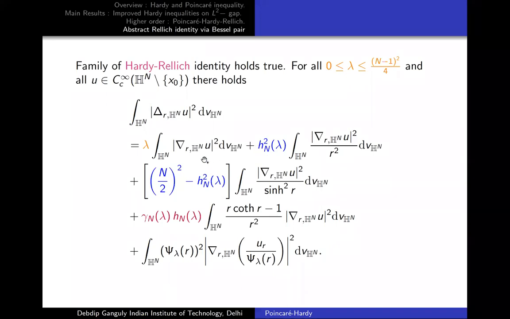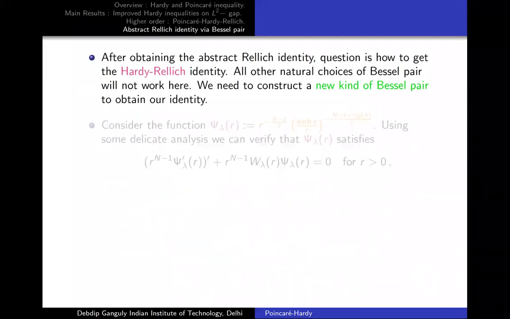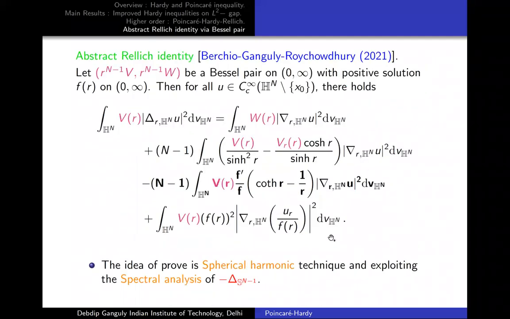But the question is, this cannot be done for a general Cartan-Hadamard manifold, because this abstract theorem relies heavily on spherical harmonic techniques and the spectral analysis of the Laplacian. So the problem for any manifold, for the higher order case, is that we don't have Yau's comparison result. We can't use this type of comparison result to go from the Laplacian of Hn to the Laplacian of any manifold whose curvature is less than or equal to the curvature of Hn.